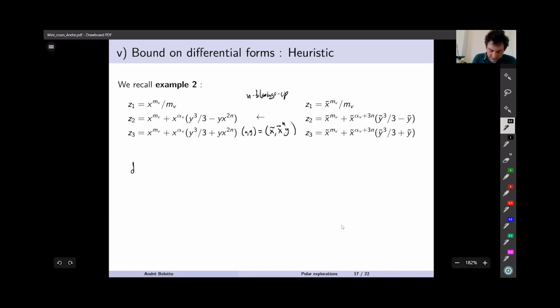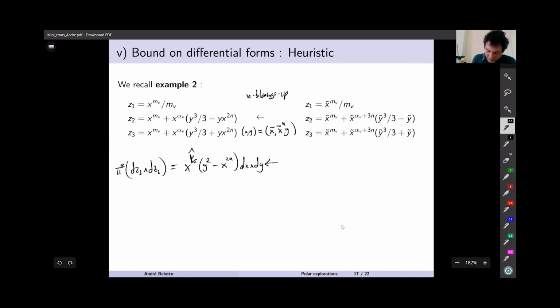And if I take dz1, dz2, and pull it back through this normal form, I will get, minus x to the 2n dx dy.